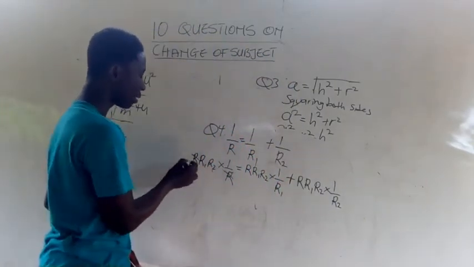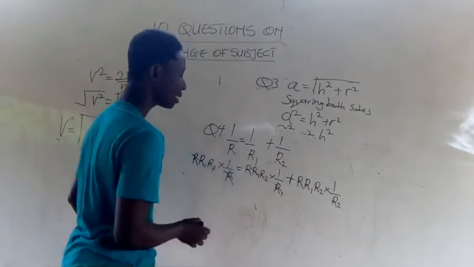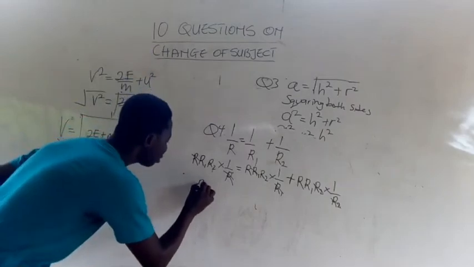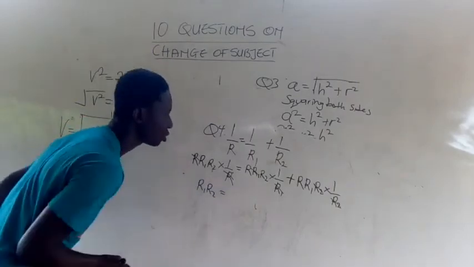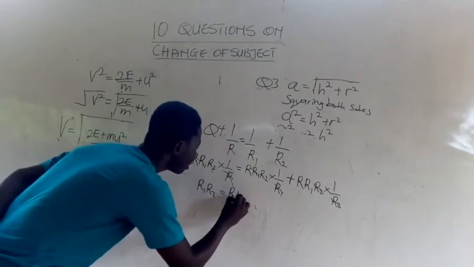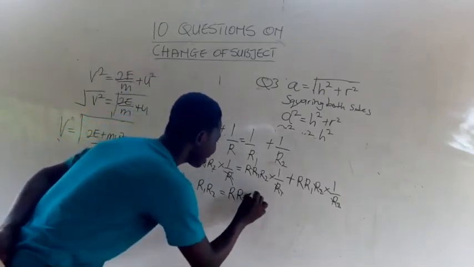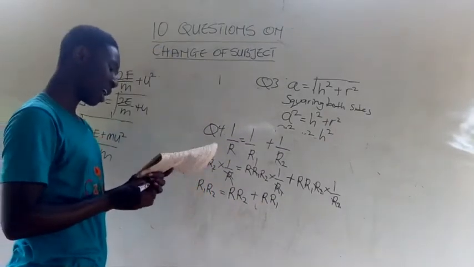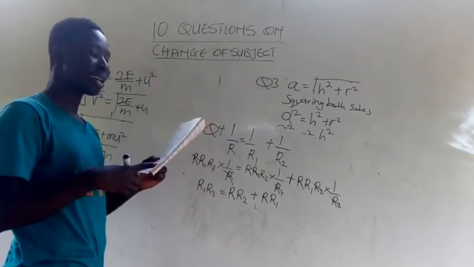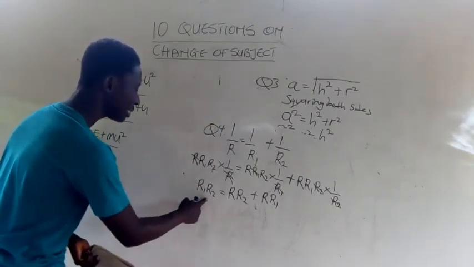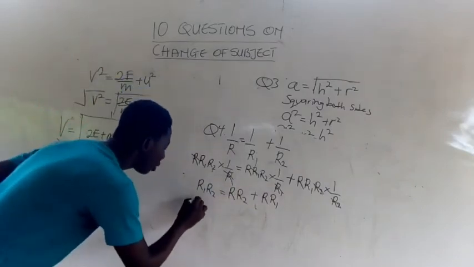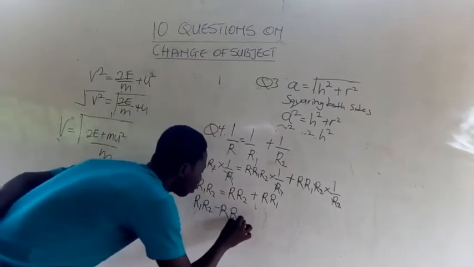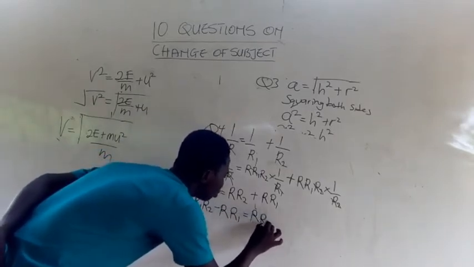So r goes for r, r1 for r1, r2 for r2. So we are left with r1 r2 equals r2 r2 plus r1. And then we have to make r1 the subject. So r1 is here, r1 is here. Let's transpose this to the other side. So r1 r2 minus r1 equals r2.